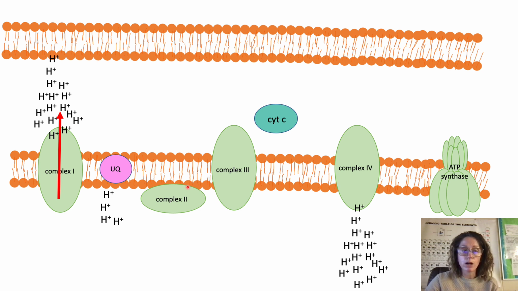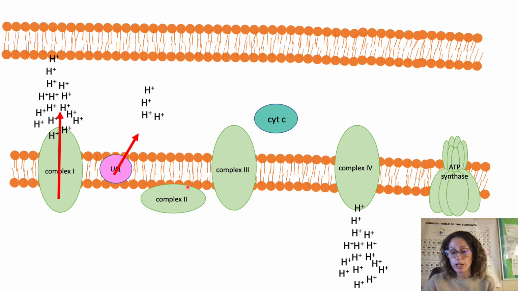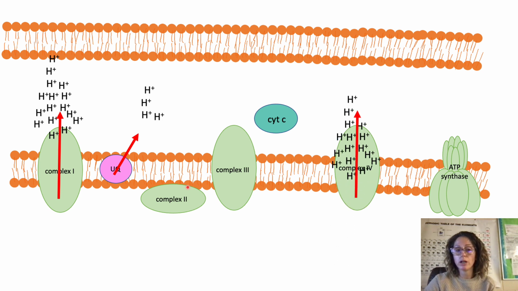And we see this in complex 1. UQ does it, not so much as a pump, but it will take a hydrogen ion for every electron it takes. And complex 4 also pumps hydrogen ions into that intermembrane space.